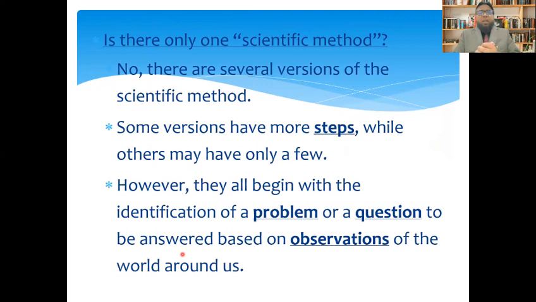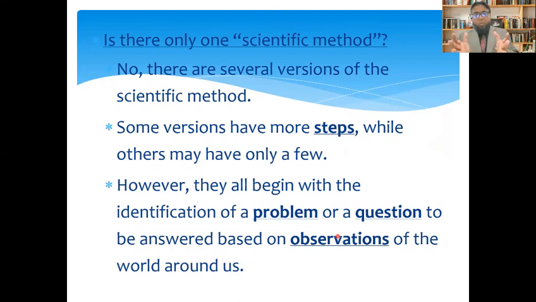Now, is there only one scientific method? If you study the scientific method, you'll find there are so many scientific methods. But if you summarize all these methods, you will see that in all of them the first thing is identification of a problem, meaning what the problem is.